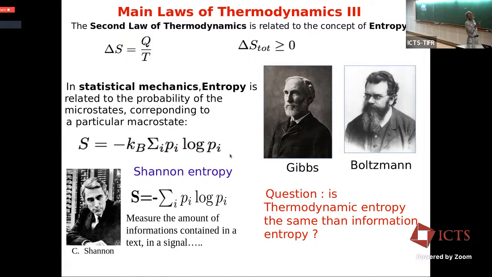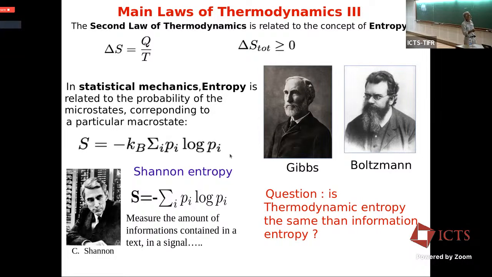First of all, let me recall where the problem about the connection with thermodynamics is, and then I'll go to the Maxwell demon. We all know that in thermodynamics, this is the definition of entropy, where p_i is the probability of a microstate. This is the formulation of Gibbs.